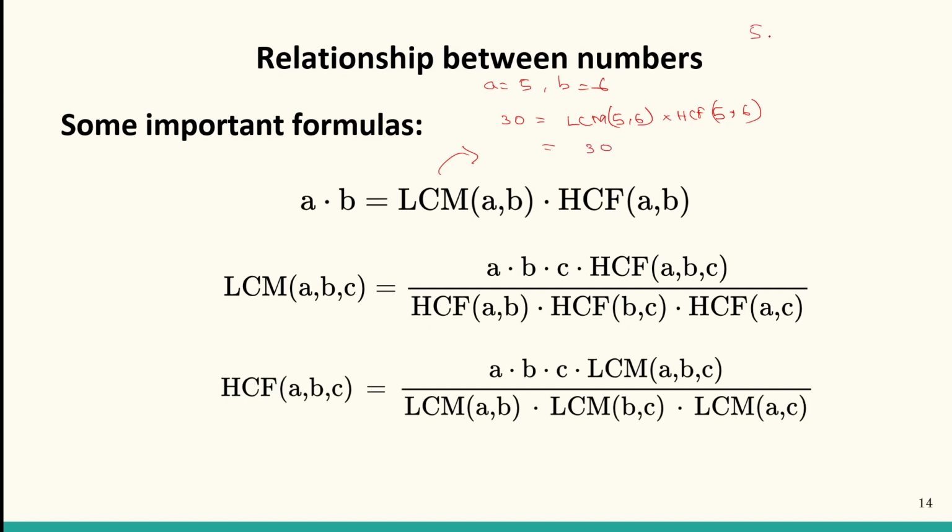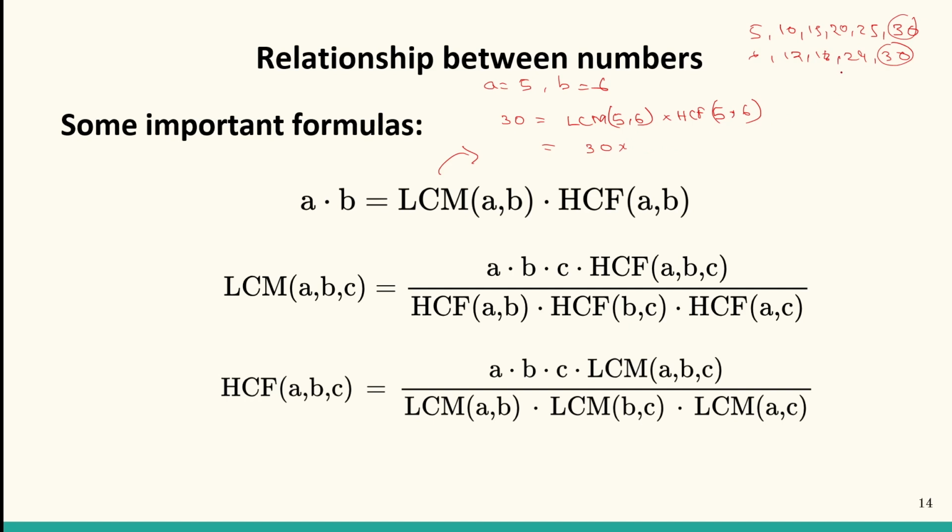We can find it: 5, 10, 15, 20, 25, 30. And for 6 we can do 6, 12, 18, 24, 30. So the least is 30, you can see here. That is why LCM of 5, 6 is 30, into HCF of 5, 6.